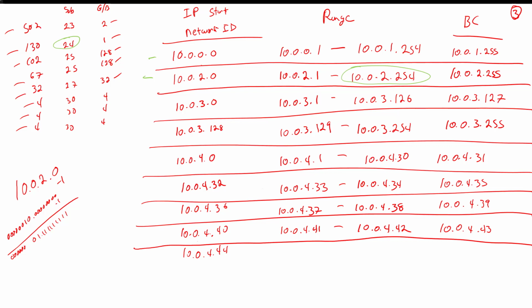The easiest way to practice: generate 3 large numbers, do your 3 interconnections of 2 hosts each. Actually, I'm going to go to the next slide. For practice. Do 3 networks.